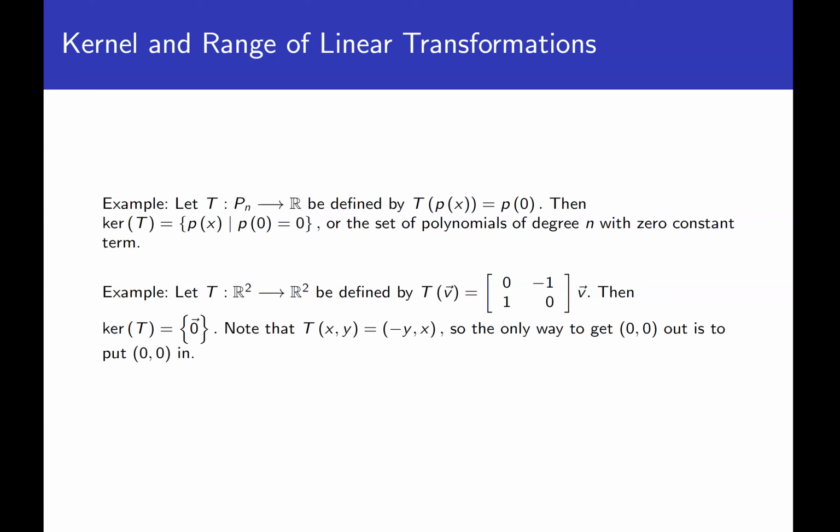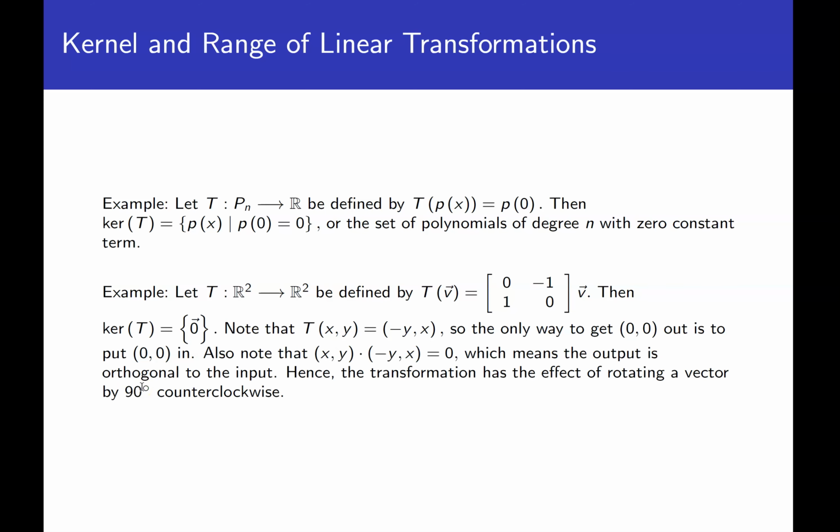So notice that if we just went ahead and carried out the matrix multiplication, if we did T of xy, if we imagine putting an xy here as a column for your V, then what you would get out is negative y, x. So if I want to get out 0, 0, because remember the kernel is everything that maps to 0, then x had to be 0 and y had to be 0. So the only way to get 0, 0 out is to put 0, 0 in.